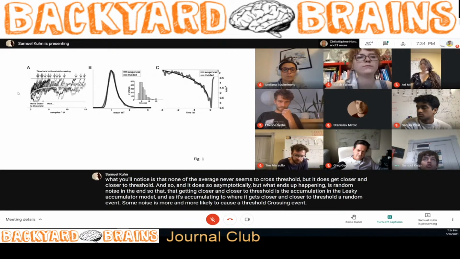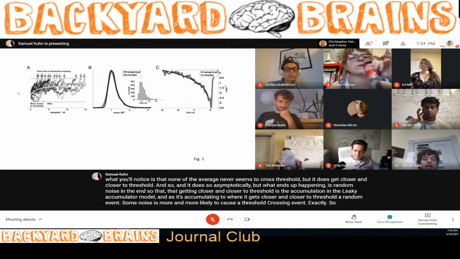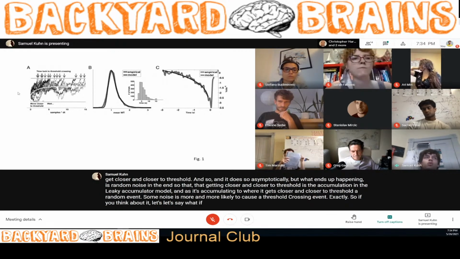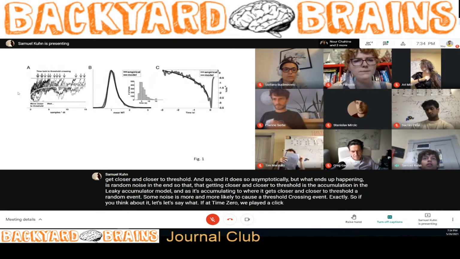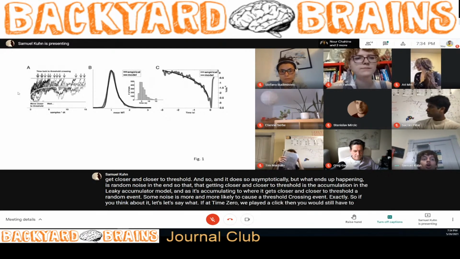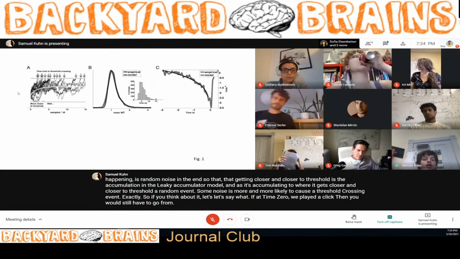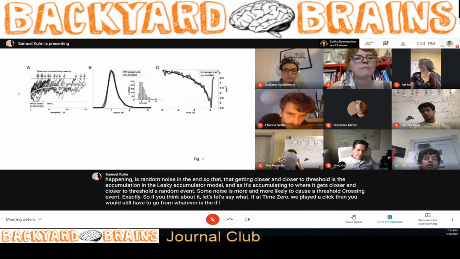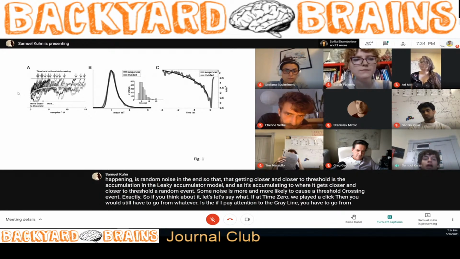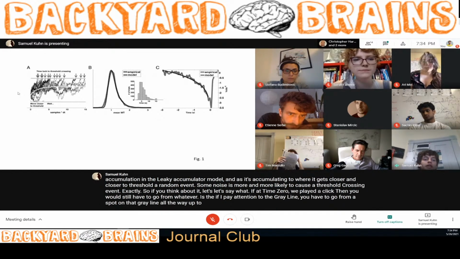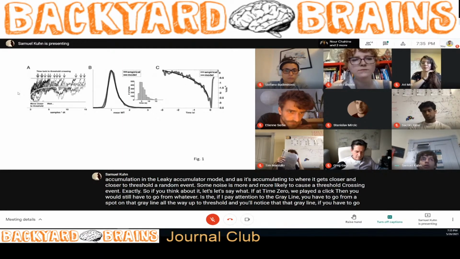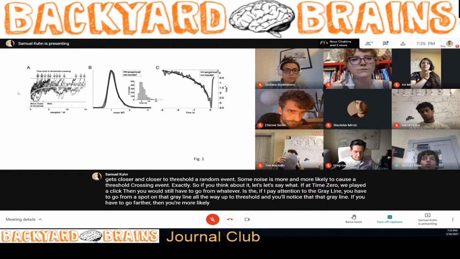Is that clear? So if you think about it, what if at time 0 we played a click? Then you would still have to go from whatever spot on that gray line all the way up to threshold. And if you have to go farther, then you're more likely to have a slower response.